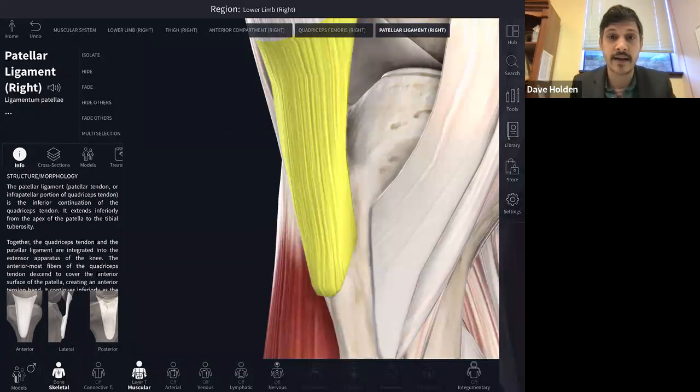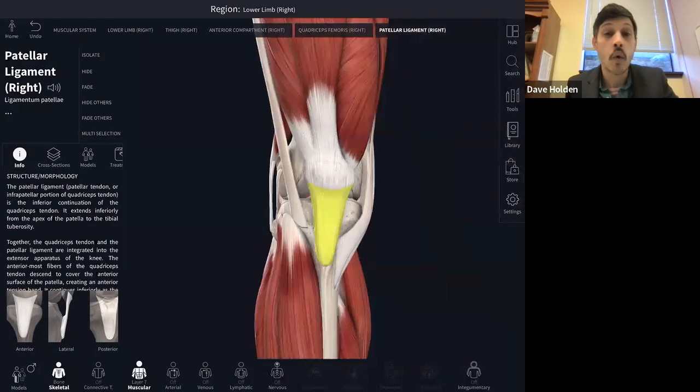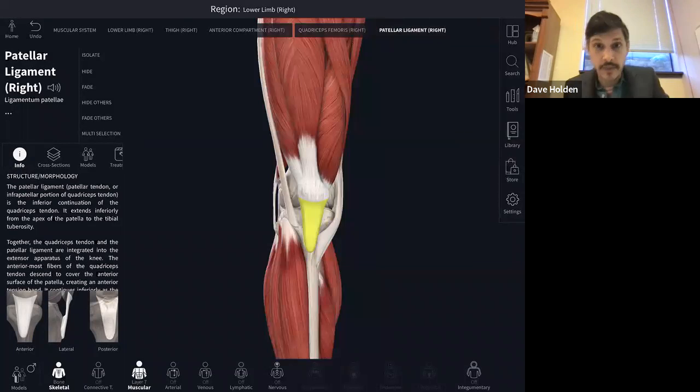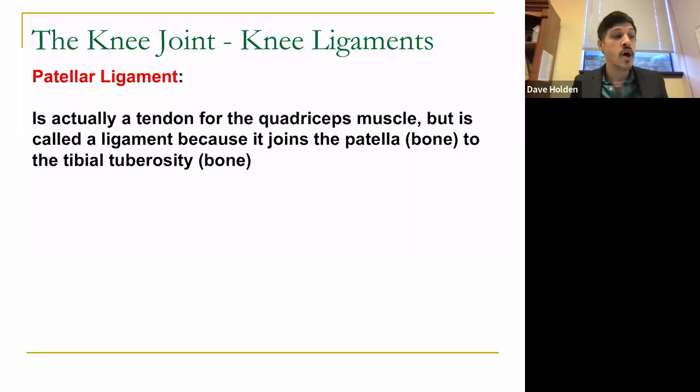I just want to be clear, guys. It's the same structure. We are the ones changing its name. We, meaning the medical community, right? Humans in the profession. So when we talk about the patellar ligament, we're just talking about the distal aspect of the quadriceps tendon. It's the same structure, right?